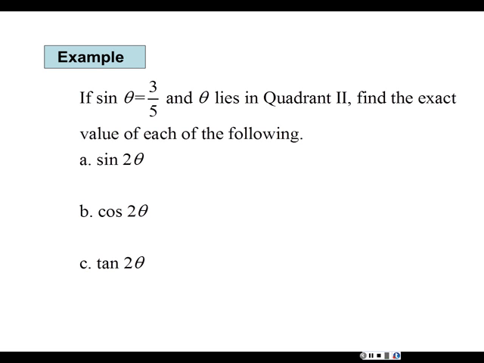Is that what you have? We just applied the values of sine and cosine there. The rest is straightforward.